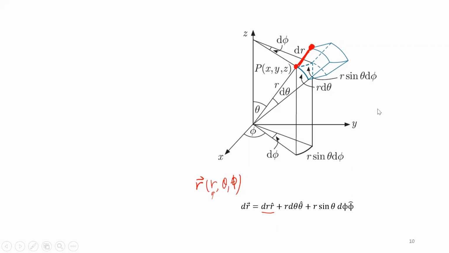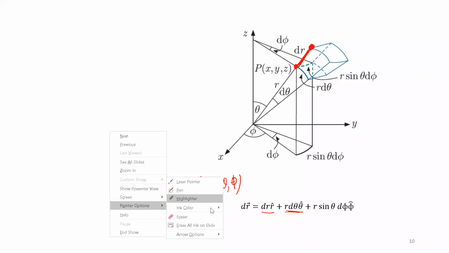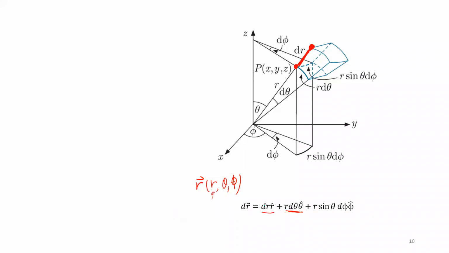Right? So on the other hand, if you are going to change the theta value of your vector function, then your particle will move from here to here, right? So by this much amount.